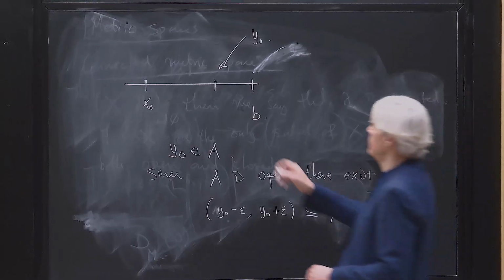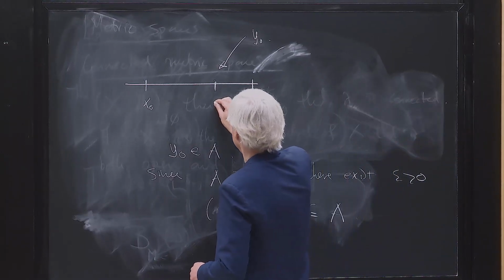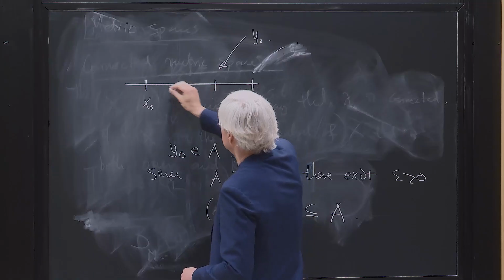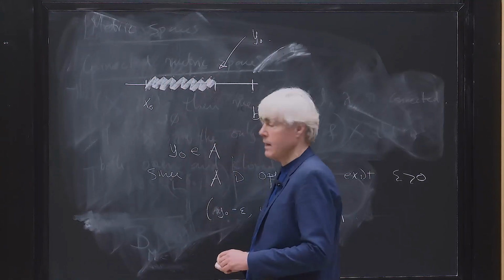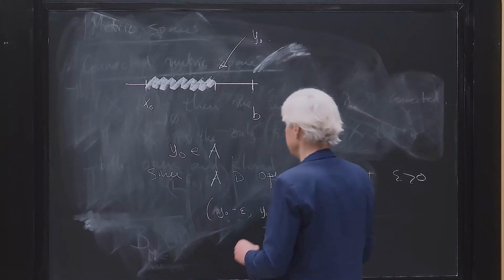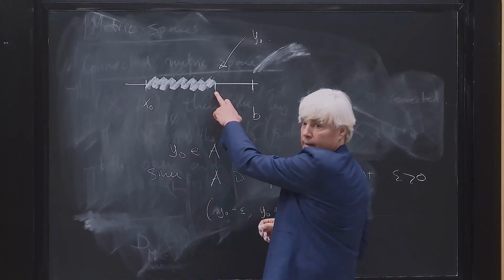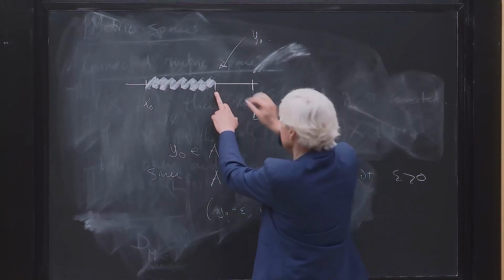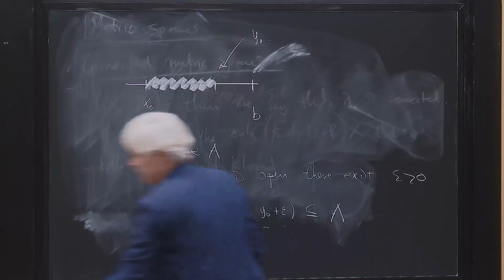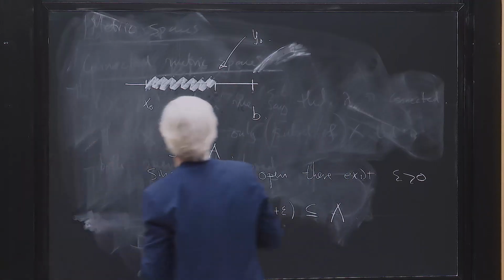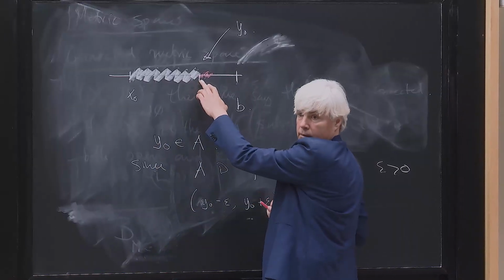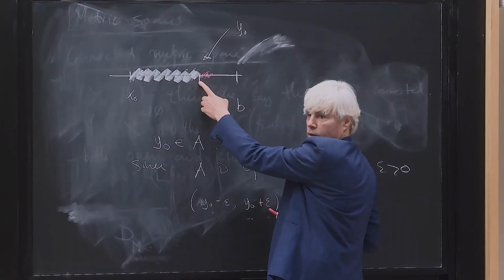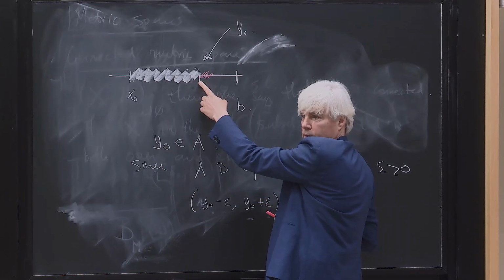But this means that you assume this here is y0, so this thing lies in the set capital A, and this guarantees you that you can actually go a little bit past it. Even if you go a little bit past it, these are still in A. So this means that this could not be the sup.